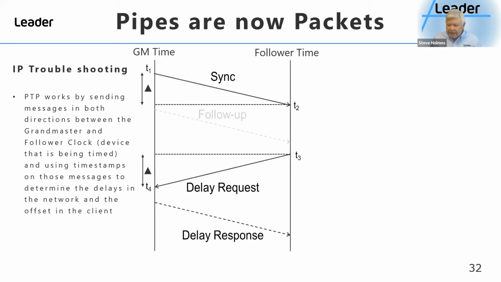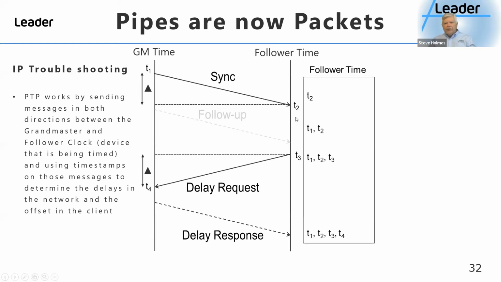So PTP sends a sync, which is just the time at this instant, GPS time at this instant, to the receiver. And we call receivers followers because they're going to follow the grandmaster's time. Then the receiver knows the time that you sent him, and he sends the data back to the grandmaster.